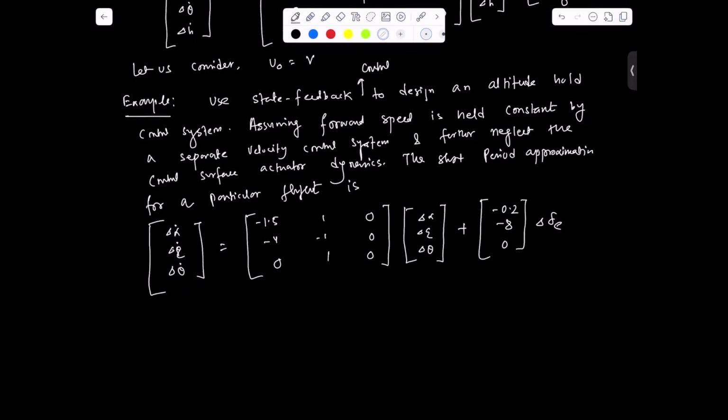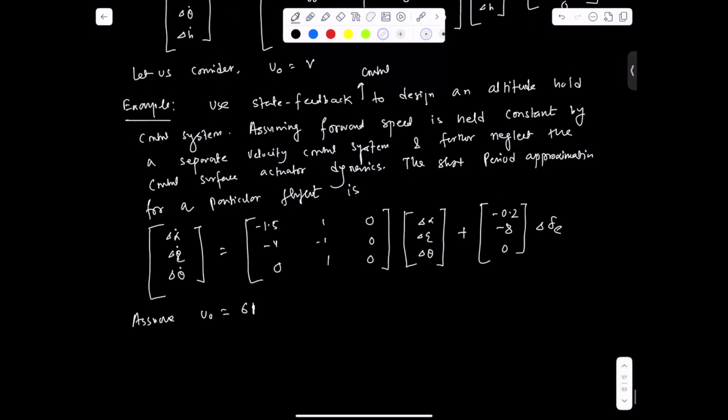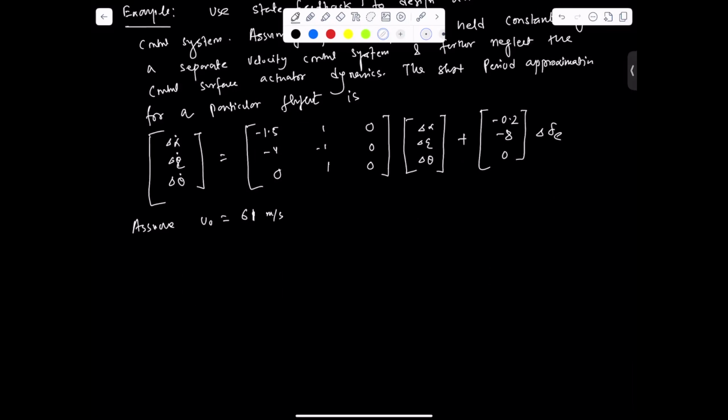Assume the forward velocity u naught equal to 61 meters per second.